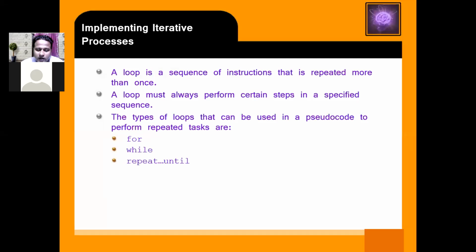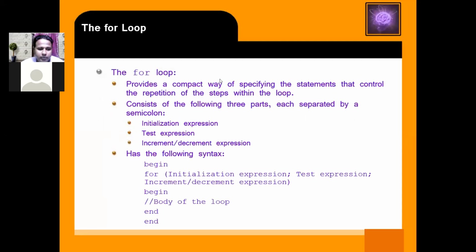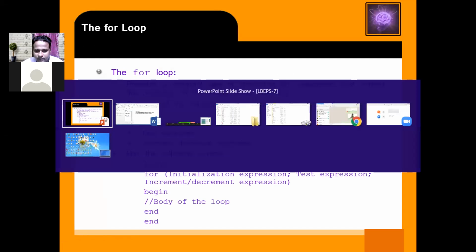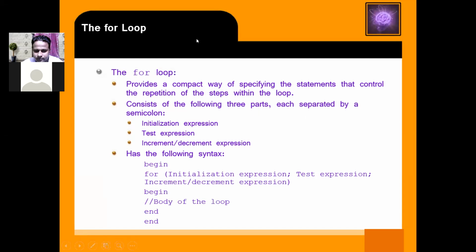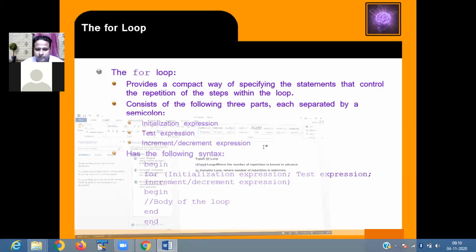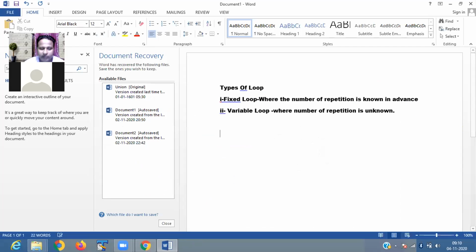Now, what is a for loop? It provides a compact way of specifying the statements that control the repetition. This for loop contains three parts: initialization, test expression, then increment and decrement. So how do you define a for loop?